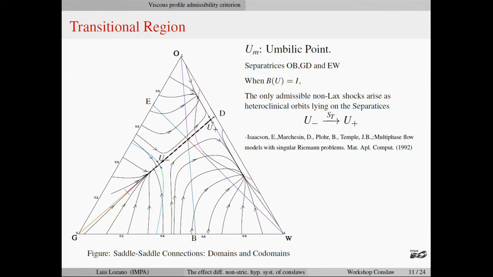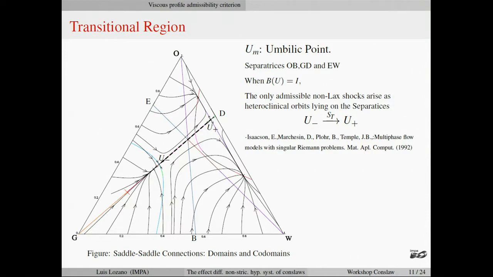If you consider a state over the line GD, the transitional shock is only over the same line. In this case I draw two saddles, U minus and U plus, and the connection is a straight line.